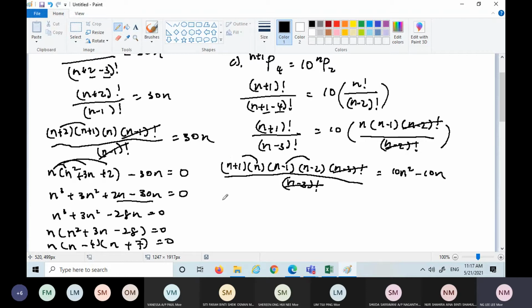So n times n is n squared. n times 1 is n. Then for these two, n squared, negative becomes positive, 2 times 1 is 2. This one is negative 1n, negative 2n. Sorry, so it's a negative 3n.